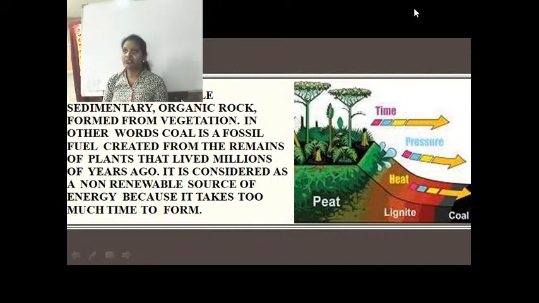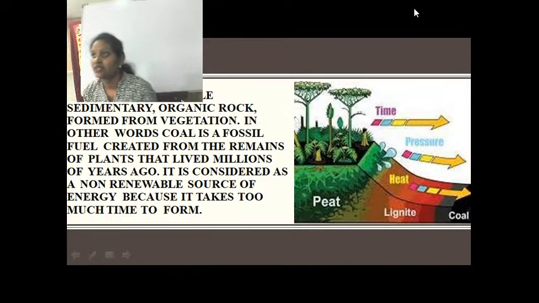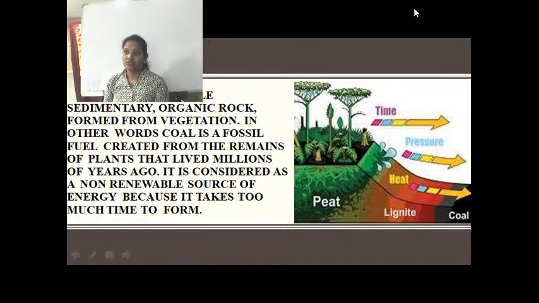Slowly, by the process of compression, that is pressure and heat, it gets converted into coal, the advanced or pure forms of coal, that is lignite, anthracite, etc. So this is how it is slowly converted.